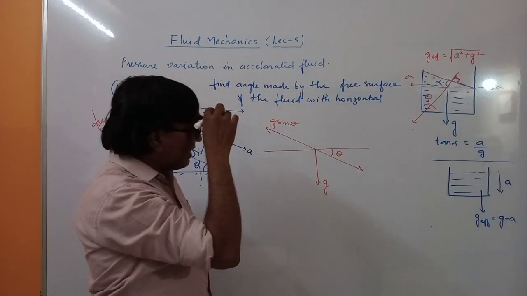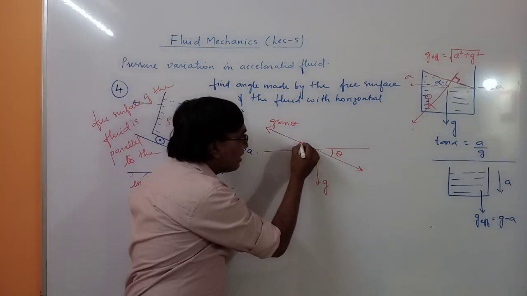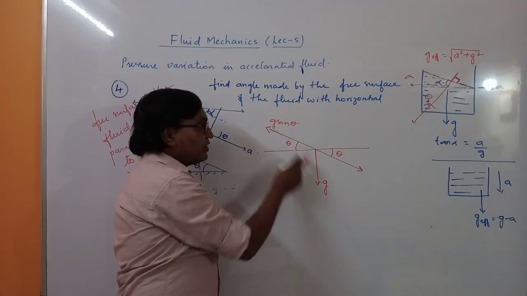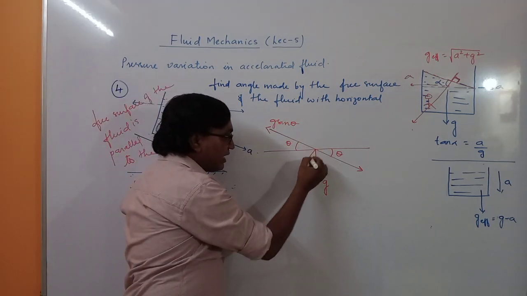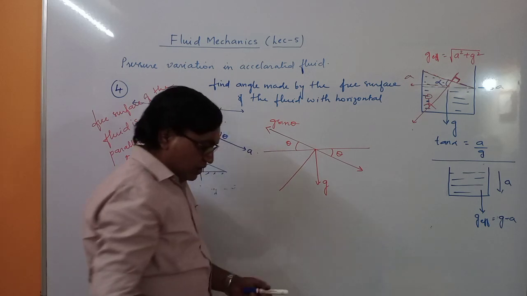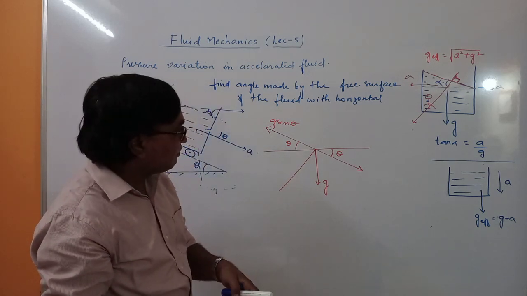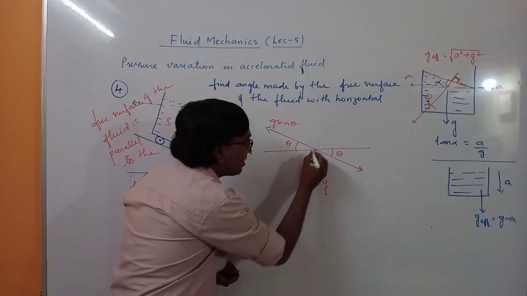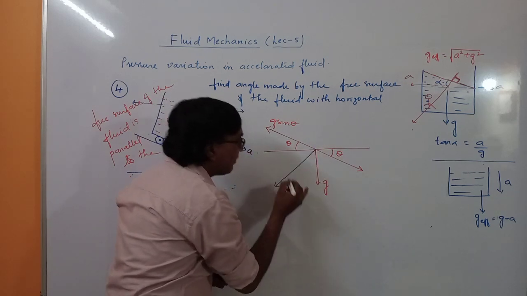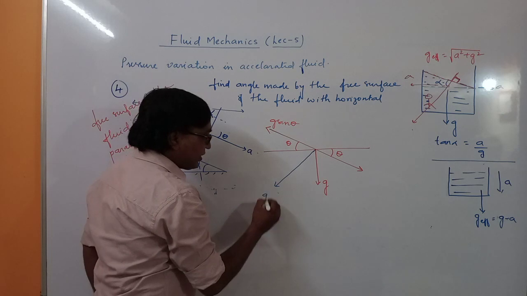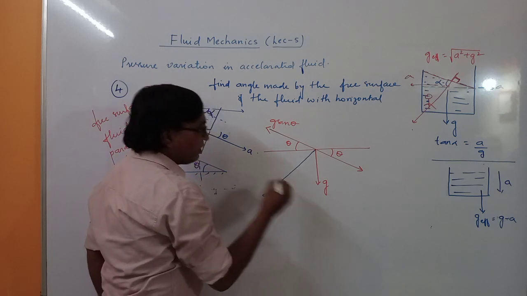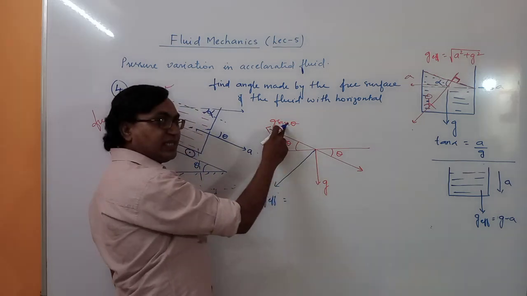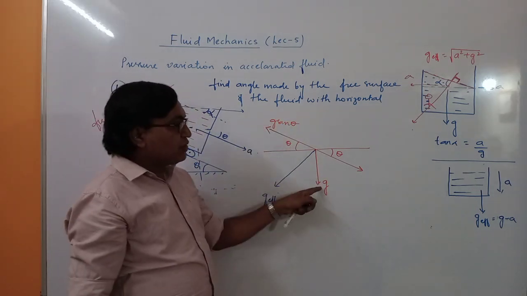Similarly here, if this is theta, then the resultant of these two accelerations will be somewhere along this direction. So g effective will be the resultant of g and g sine theta.